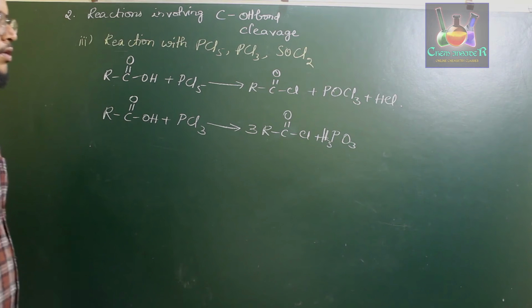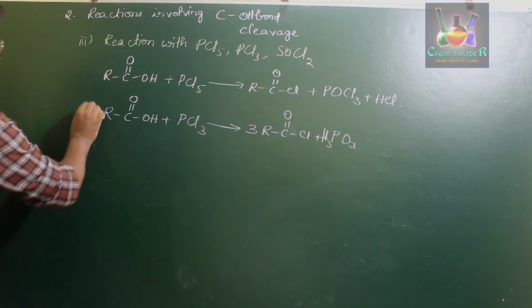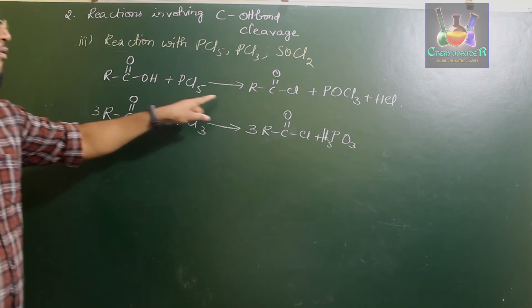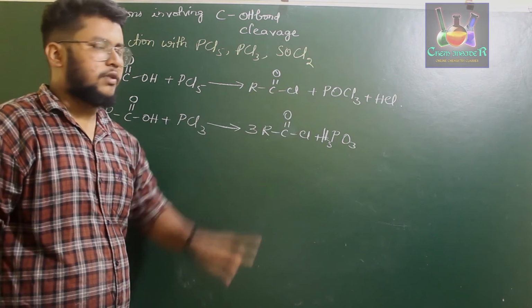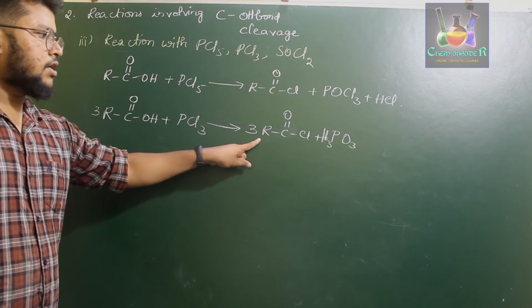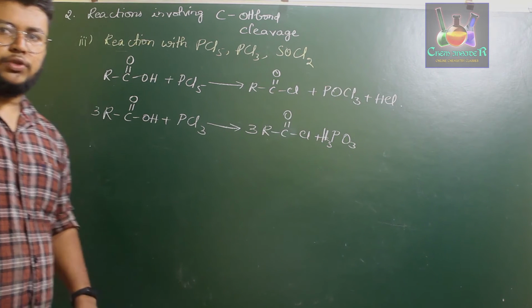That is, if you treat carboxylic acid with PCl5, it will form RCOCl with POCl3. If we treat carboxylic acid with PCl3, it forms RCOCl and H3PO3.